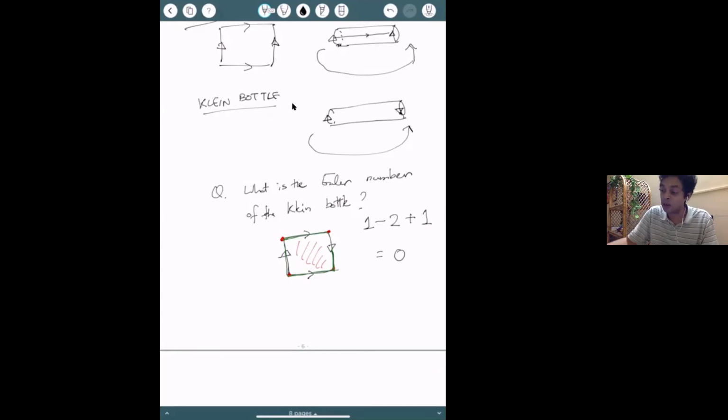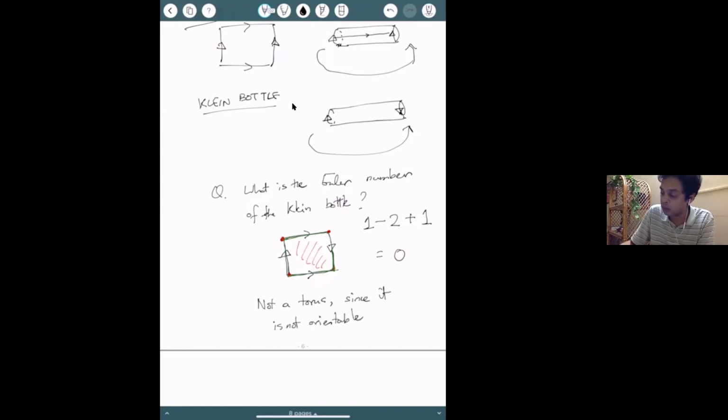Why is it not a torus? Well, because it has a Mobius strip inside it, okay? So this is not a torus, since it is not orientable.